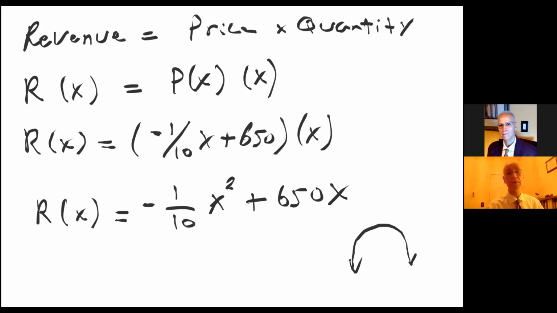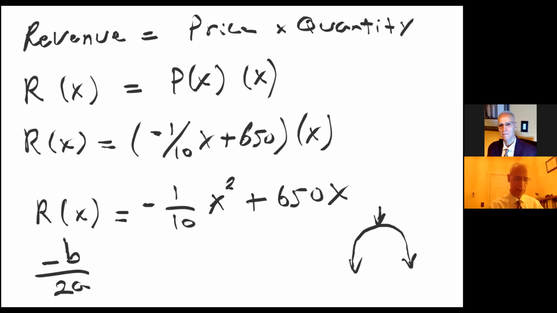The coefficient of x squared is negative, so the vertex points out to a maximum. And how do we find the vertex? By opposite of b over 2a. The x coordinate, or the horizontal component of the vertex, is opposite of b over 2a.